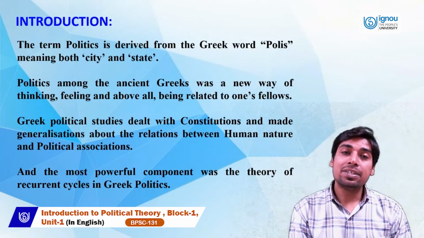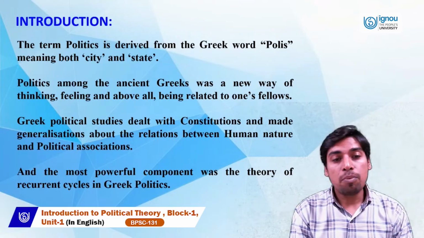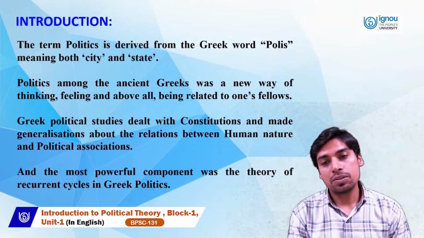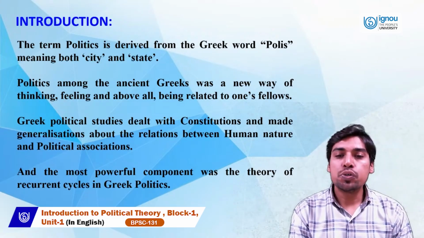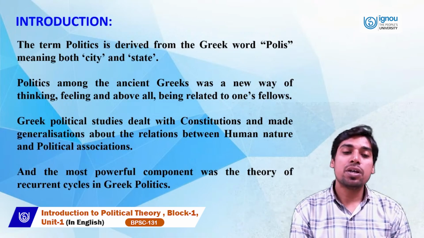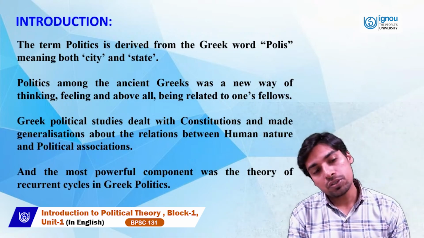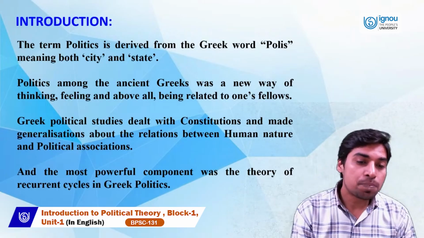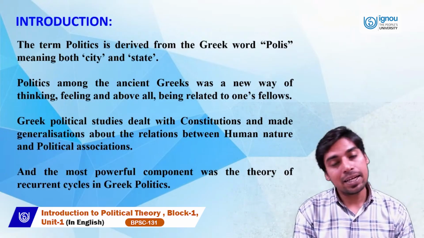Politics among the ancient Greeks was a new way of thinking, feeling, and above all being related to one's fellows. Greek political studies dealt with constitutions and made generalizations about the relation between human nature and political associations. The most powerful component was the theory of the recurrent cycle in Greek politics.